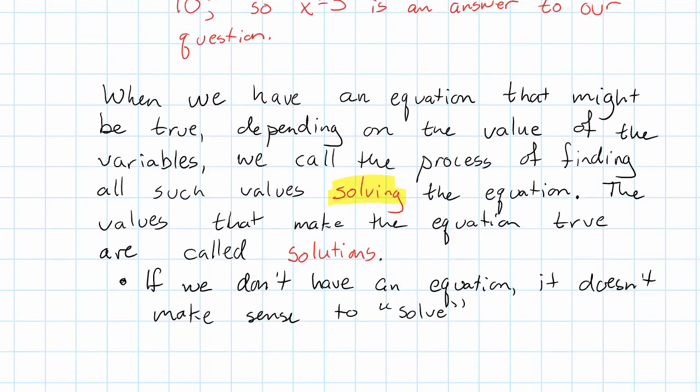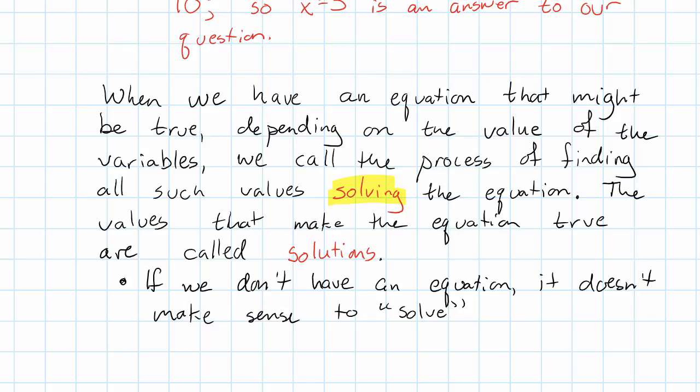That means that if we don't have an equation, it doesn't make sense to solve. Solve is something that you can only do to an equation. It doesn't make sense to solve an expression. We can evaluate an expression, and that's typically what we do. We can also simplify an expression, but we can't solve it.